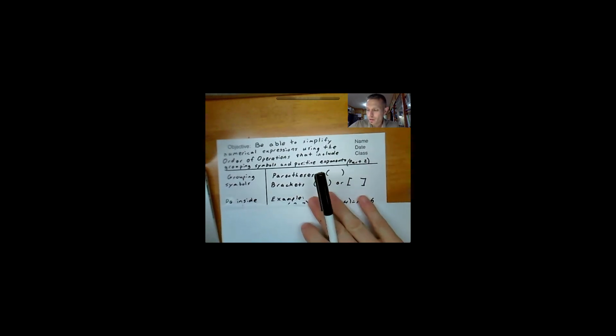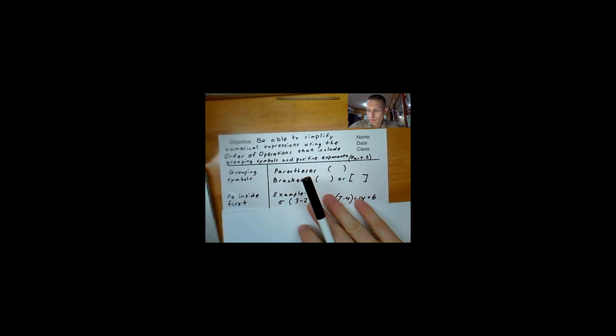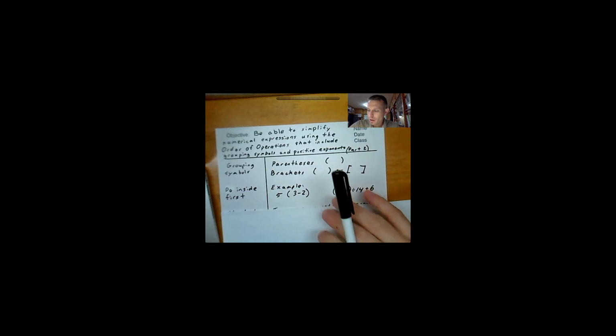And so the first thing you want to do is work inside the parentheses or the brackets first. So we have two examples here. In this example, we have 5, and when there is no symbol and you just have the parentheses, it's just convention that this is multiplication. So this would be 5 multiplied by whatever is inside these parentheses, in this case 3 minus 2.